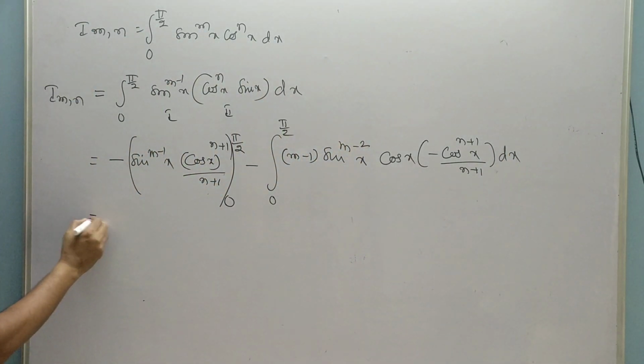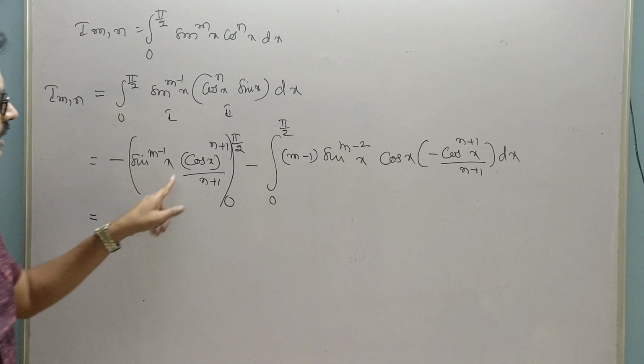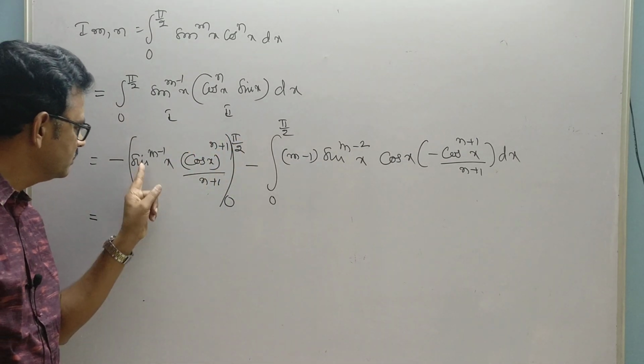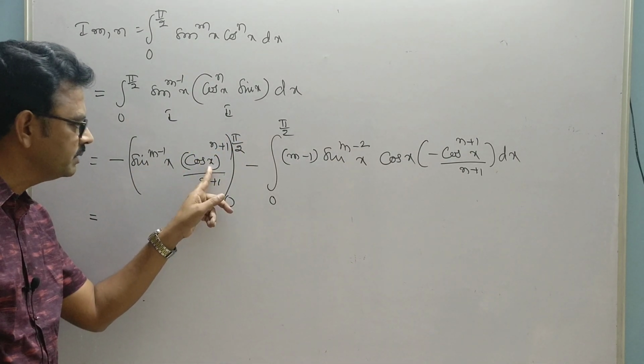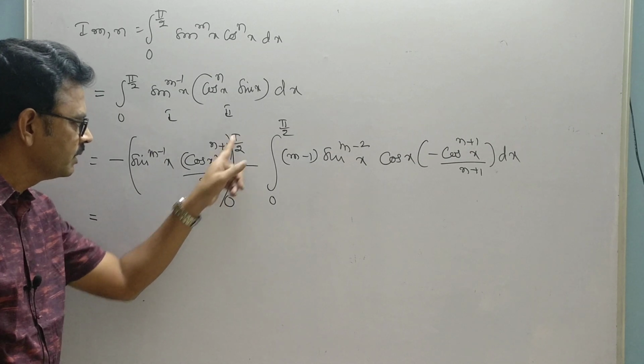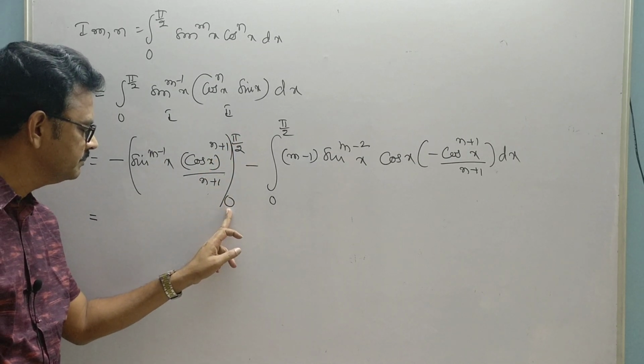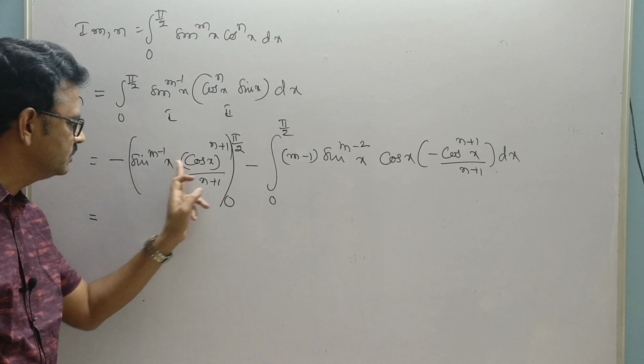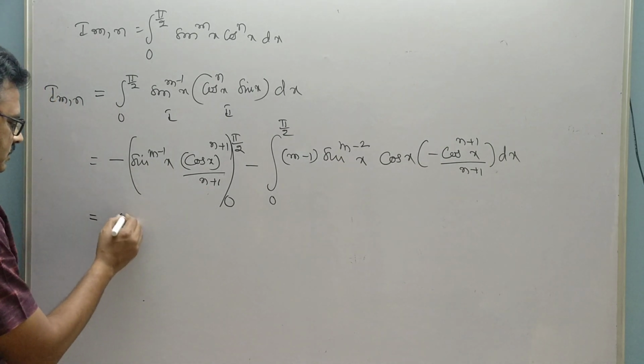Now for this part, applying the limits: upper limit pi by 2, sin pi by 2 into cos pi by 2, and cos pi by 2 is 0, so the upper limit is 0. Lower limit sin 0 is 0. Totally this is 0.